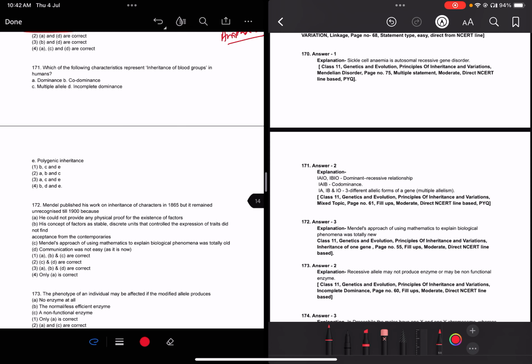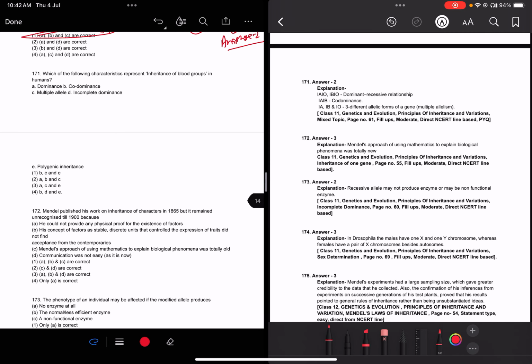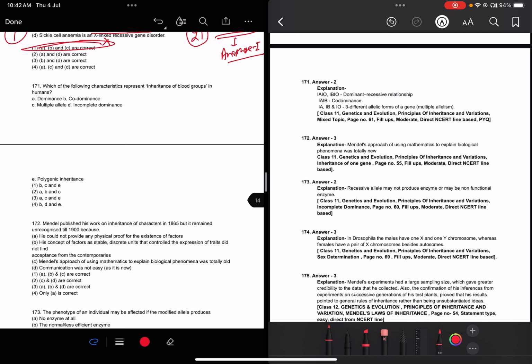Now read question number 171. Which of the following characters is present in the inheritance of blood groups in humans? Very important. Whenever we talk about blood group in humans, there is dominance. ABO is completely dominant. Codominance is present because AB also exists, IA and IB.